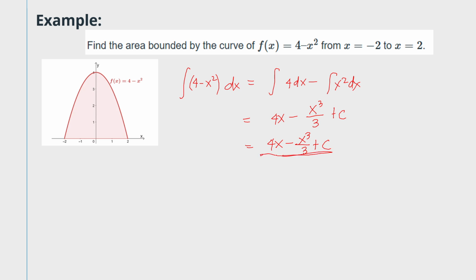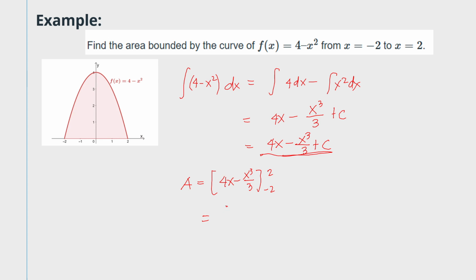The next step is to set up the area. In finding the area, we subtract. So first, 4x minus x cubed over 3 from negative 2 to 2.